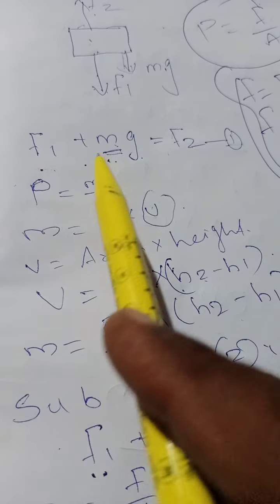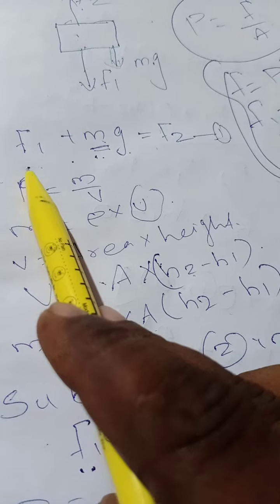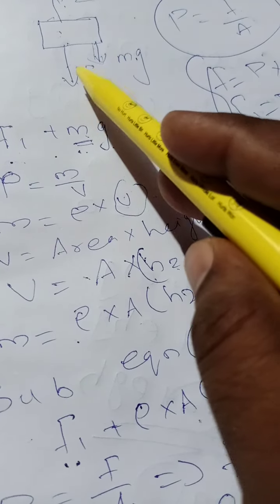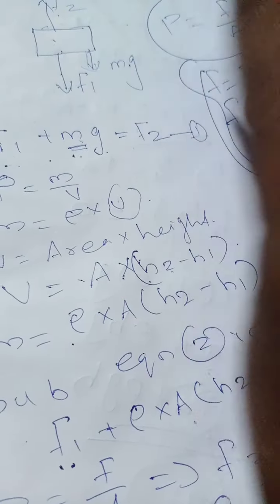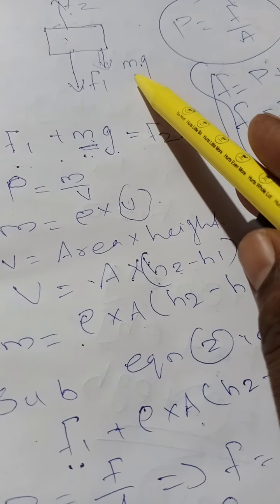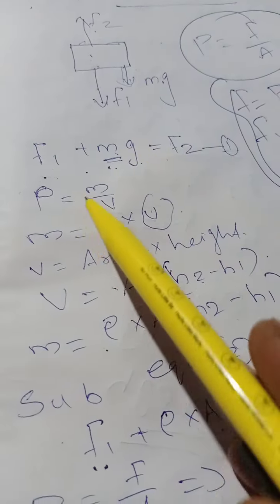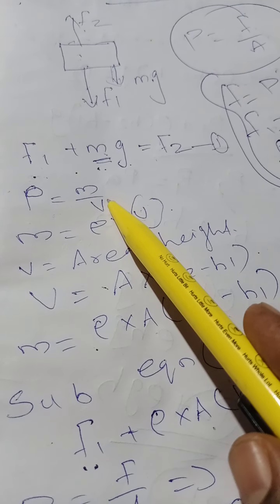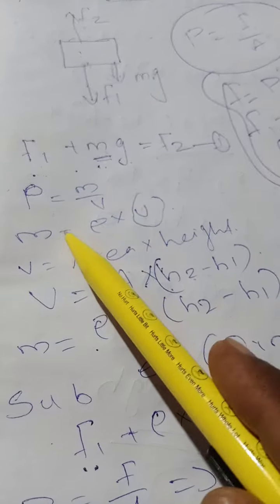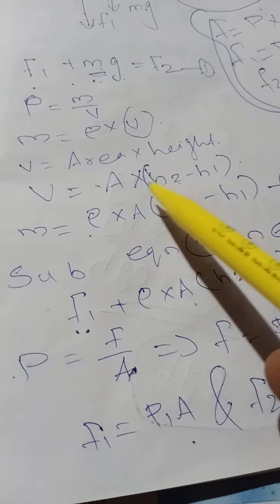Now you can take the equation from Newton's second law. The total force acting here is F1 plus mg equal to F2. Now you have to find out this mass. To find the mass, we can use the density formula. Density is equal to mass per volume. So the mass is equal to density into volume. Now you have to find the volume.